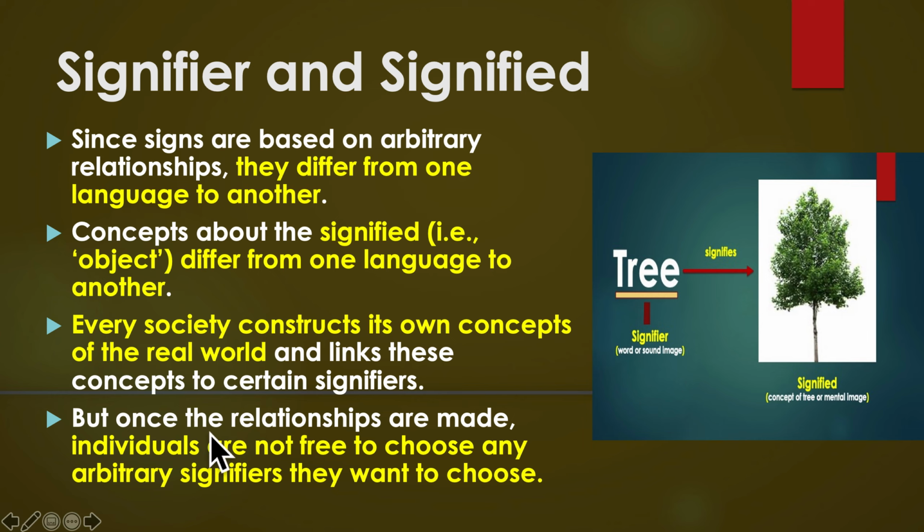But once the relationships are made, individuals are not free to choose any arbitrary signifiers they want. Once a relationship is established, like here, this object has this relationship in English, tree, we are not allowed to change it frequently. It continues for a long period of time. It's not easy. Why? Because the relation between the signifier and the signified is now completely established. No way to change at all.